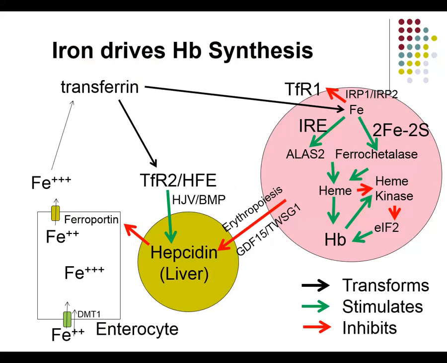And high levels of GDF15 will repress hepcidin synthesis in hepatocytes. And high levels of iron will stimulate hepatocytes to make hepcidin. So therefore, the amount of hepcidin made is dependent upon these two signals, and the amount of total iron that's present in the body is related to the concentration of hepcidin in the blood.